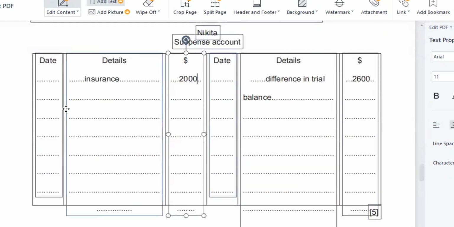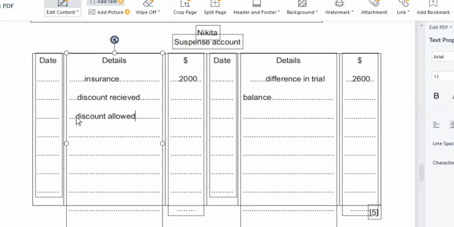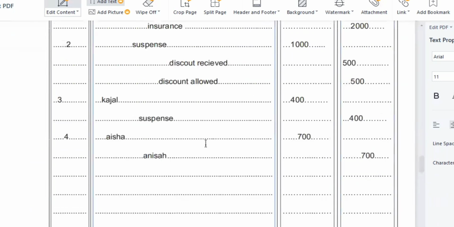Okay, discount received, discount allowed, with 500. Then we have Kajal to suspense.